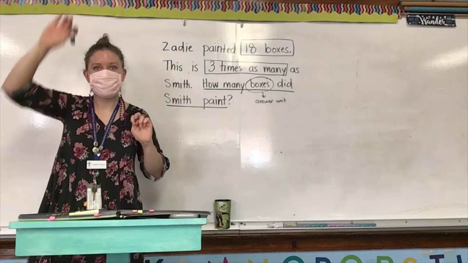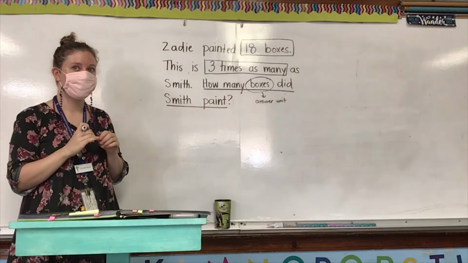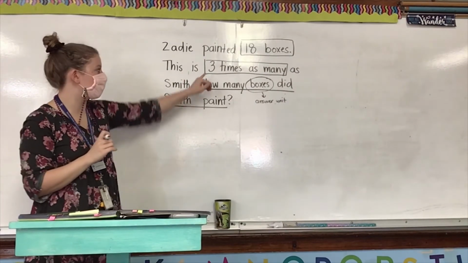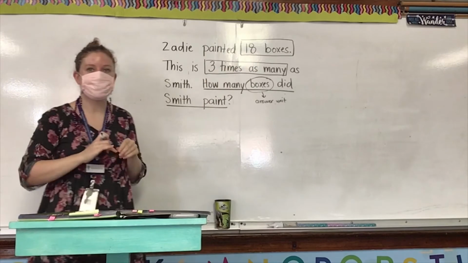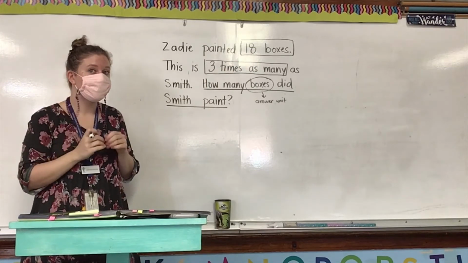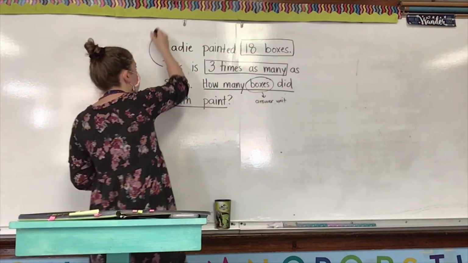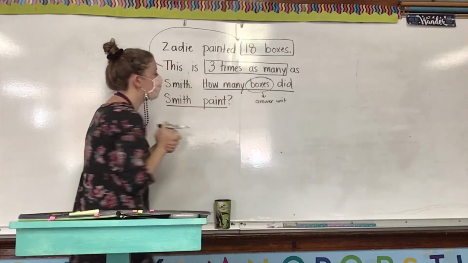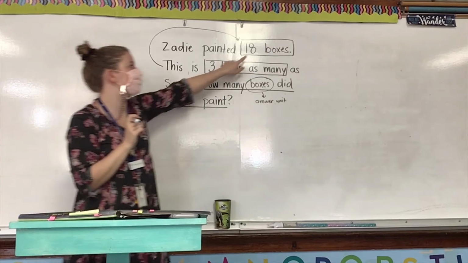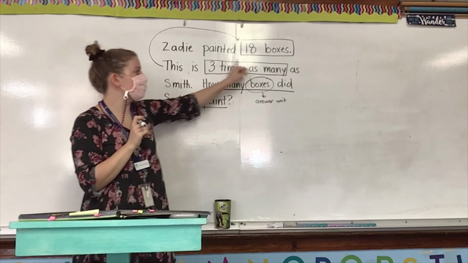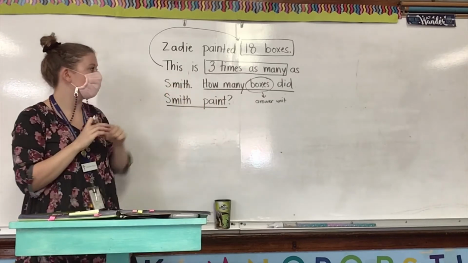It means that you're doing a division problem. Okay, but this refers to what number? This one or this one? 18. We're saying this as in the 18 boxes, so we can replace this with 18 boxes. 18 boxes is 3 times as many as Smith's.